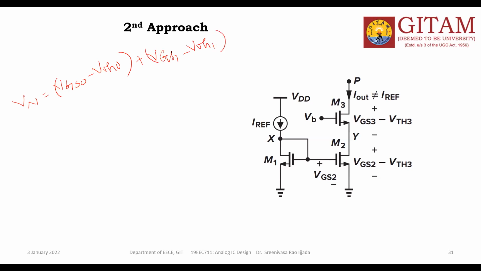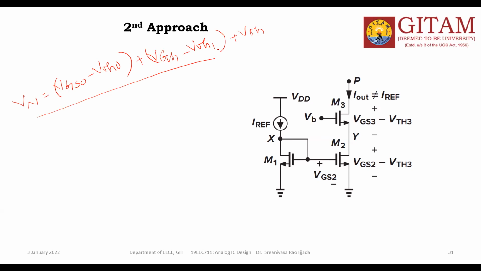Up to this is fair. But as I told you, one more VTH we got. This equation belongs to the circuit I showed earlier, the voltage headroom of the cascode mirror circuit.